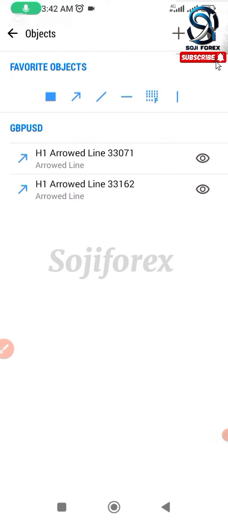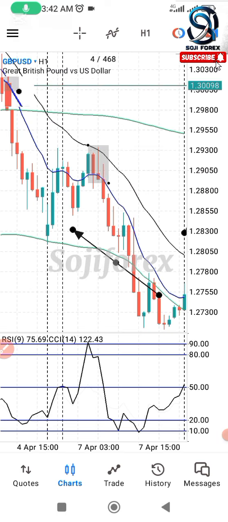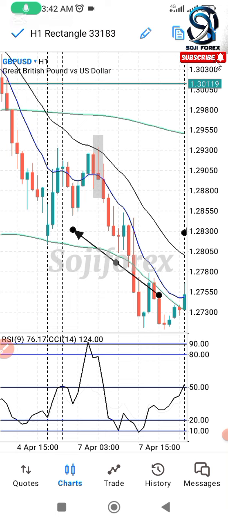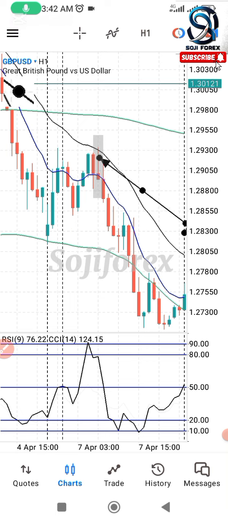So here is our entry. That is the candle we are talking about, that hammer. Immediately this hammer closed, you sell, your stop loss is here, and you can see how that plays out.